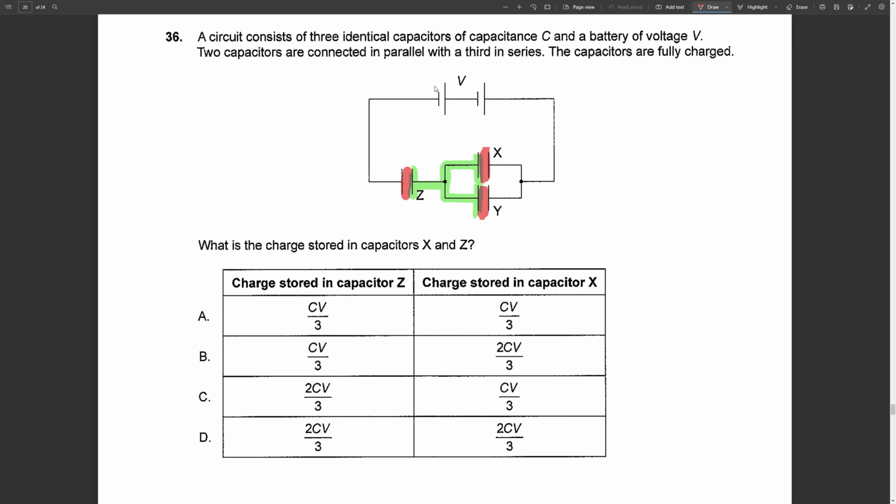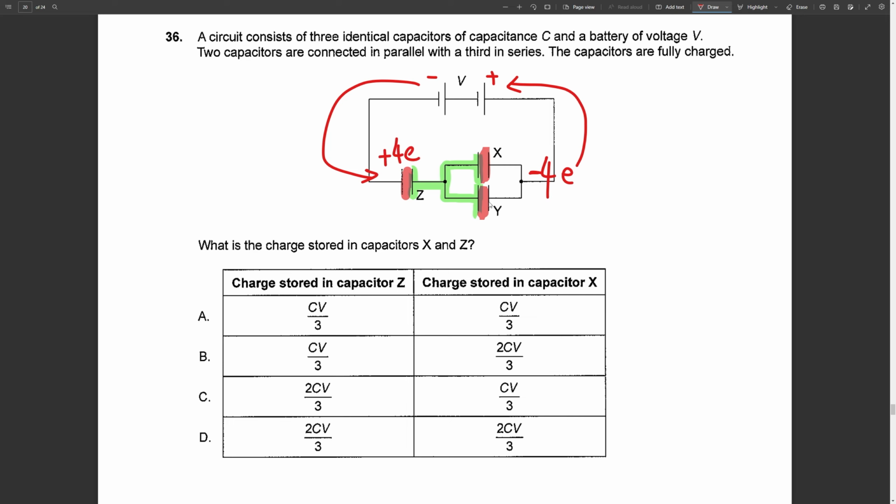Take a look at the power supply. It is negative on the left and positive on the right, which means electrons are drawn in anticlockwise. If the XY side is losing 4 electrons, which means the Z plate is gaining 4 electrons.